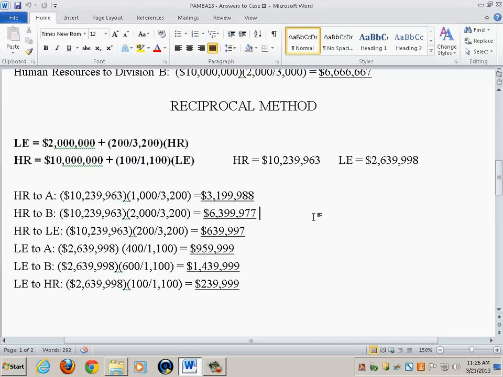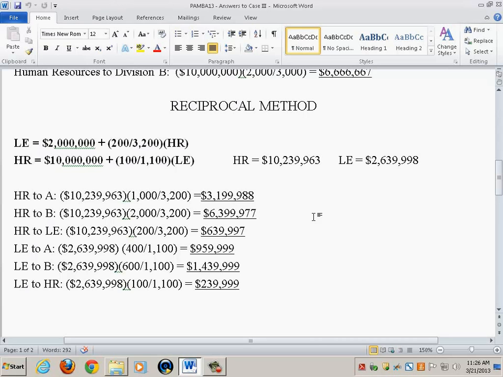So any questions about the reciprocal method? Yes? Yeah, the 239,963, the 10 million component is what the human resources started with, its own cost.